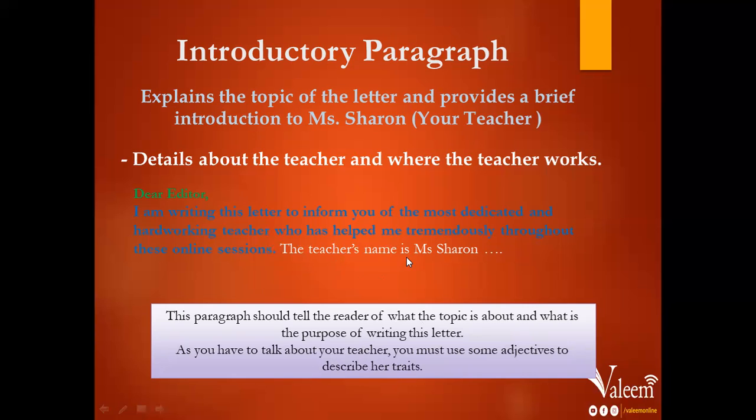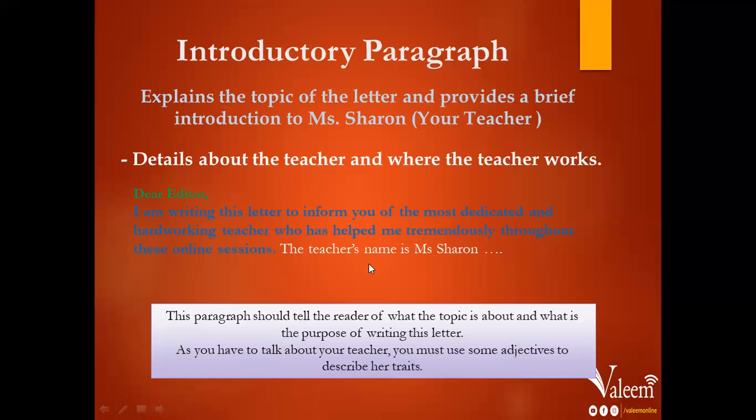The teacher's name is Miss Sharon. You can see that I have used some descriptive adjectives here in order to describe my teacher. As it was mentioned that I was supposed to give details about the teacher, it's very important that when we are adding details and describing somebody, we use good adjectives to describe the person. So these three lines give a brief introduction about my teacher, and I'm giving the name as well.